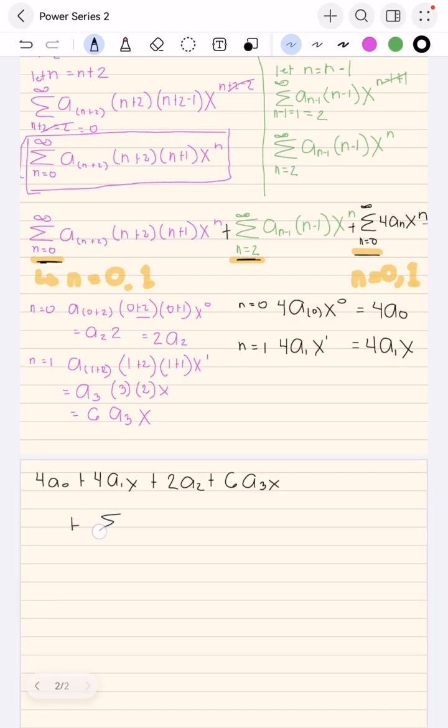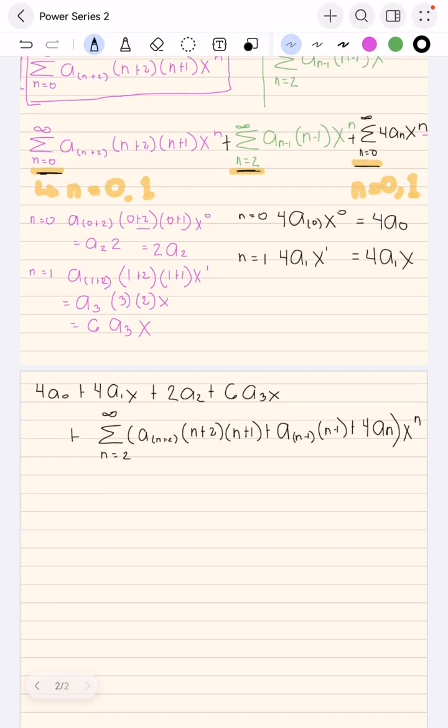plus summation of n equals 2. So let's just copy it all. A(n+2), (n+2), (n+1), then plus a(n-1), (n-1), plus 4 a n x squared.